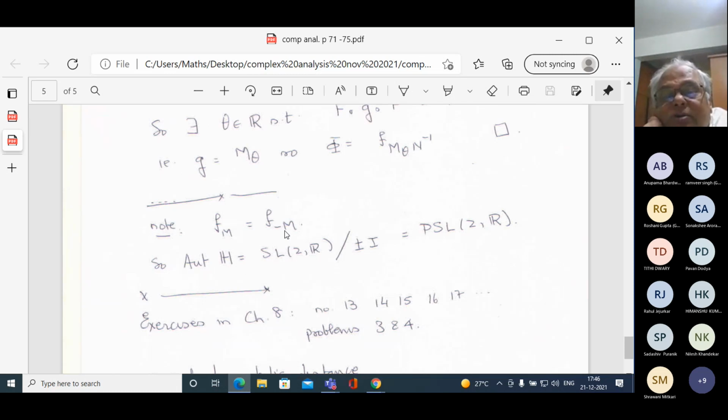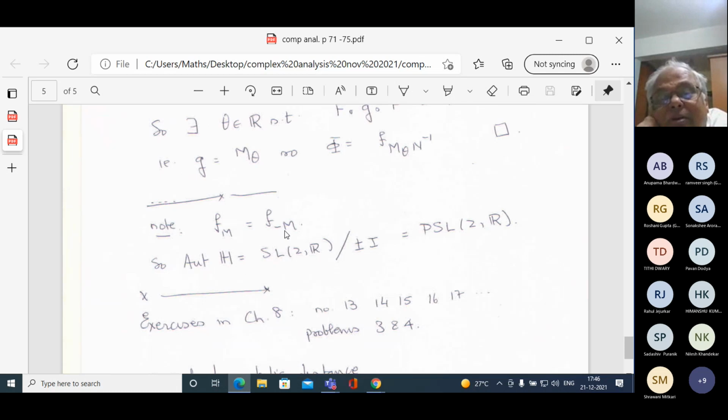That means it's modulo plus or minus identity. Plus minus identity is a normal subgroup, so I can take this quotient.